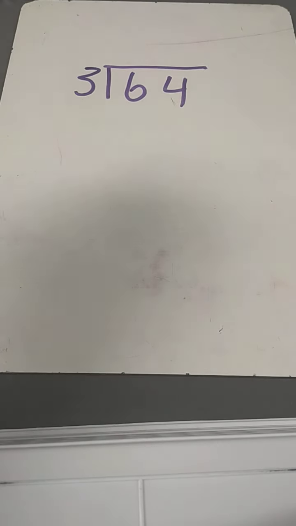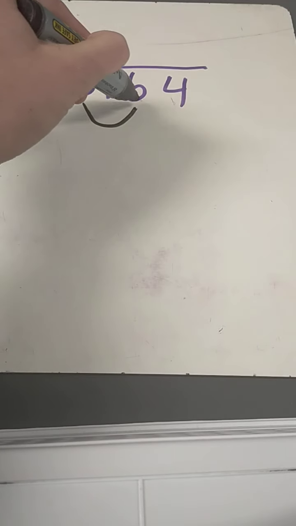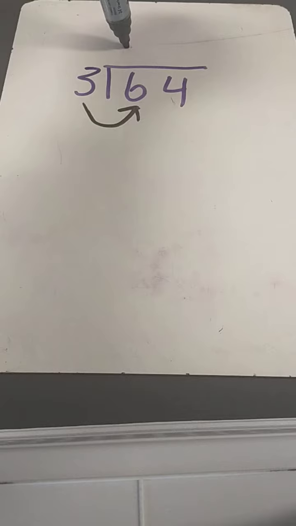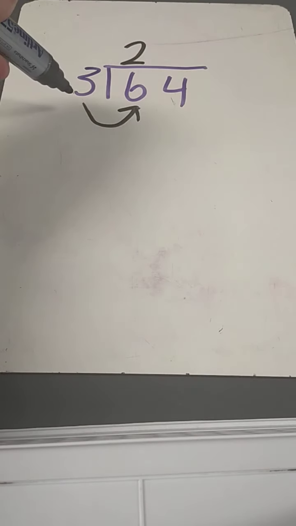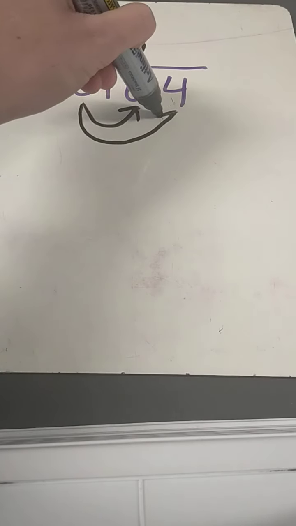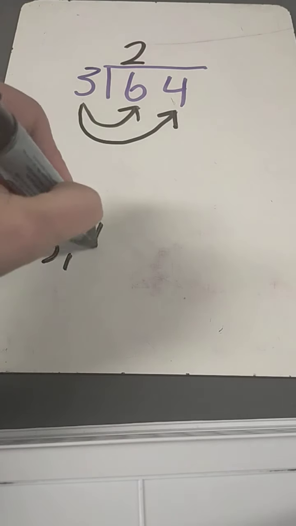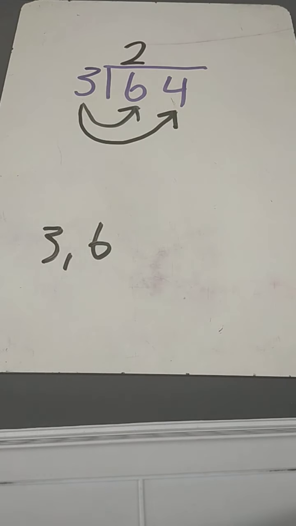So I'm going to start from the outside again, ask myself how many 3s fit into 6. Already done that, fresh in my mind, it's 2. Now I move to the next one. How many 3s fit into 4? So I could count by 3s again. 3, 6, gone past 4 already.